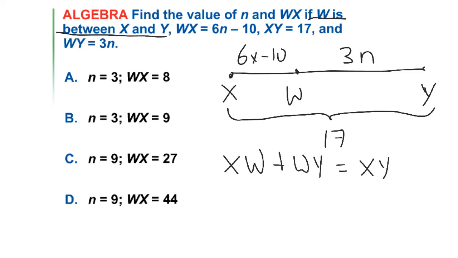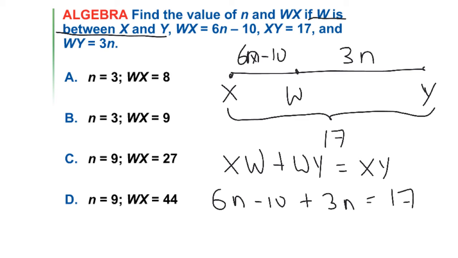Okay? Now let's substitute. XW is 6n minus 10, I apologize, plus WY, which is 3n, and the length of the entire segment, segment XY, is equal to 17.